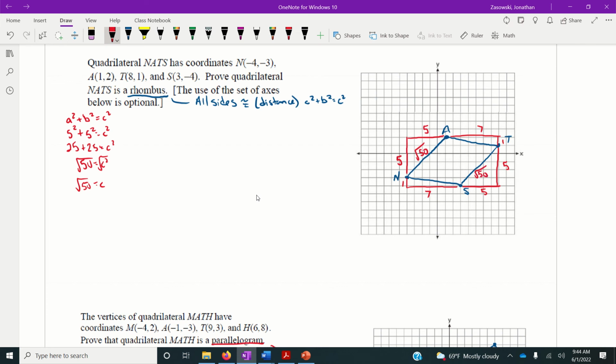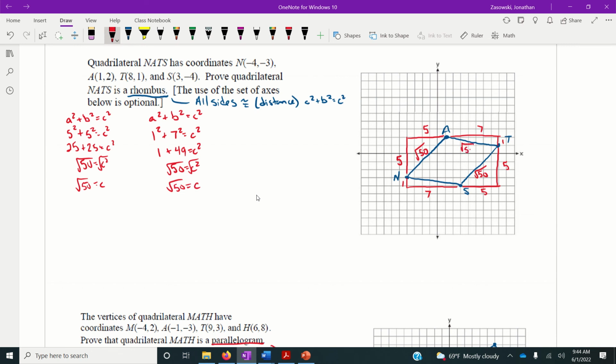Okay. The other Pythagorean theorem is using 7 and 1. So a squared plus b squared is going to be 1 squared plus 7 squared. This is going to be 1 plus 49, which is also 50. And we take the square root. The square root of 50 is also the length of these sides.